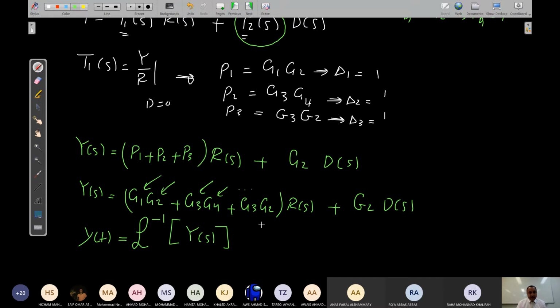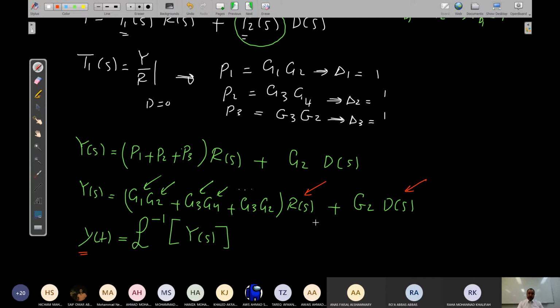And also what do I need to specify? I need to specify the input, correct? Because in the end of the day, the response is due to the input. And remember, in general, we are interested in either step input, impulse input, sinusoidal input, ramp input, or parabolic input.